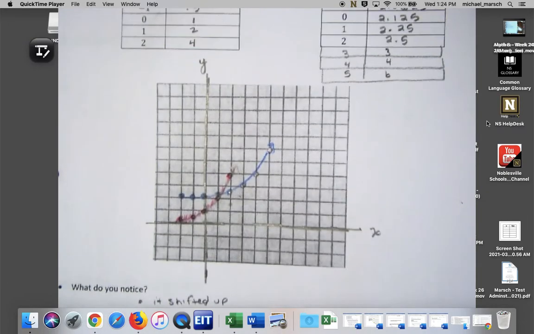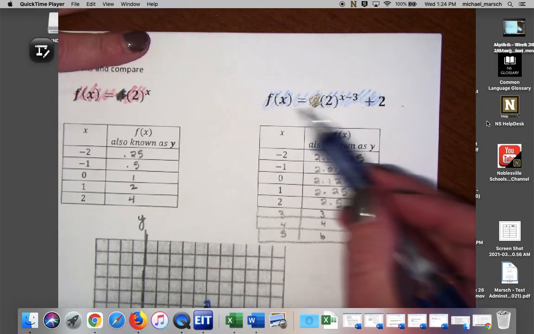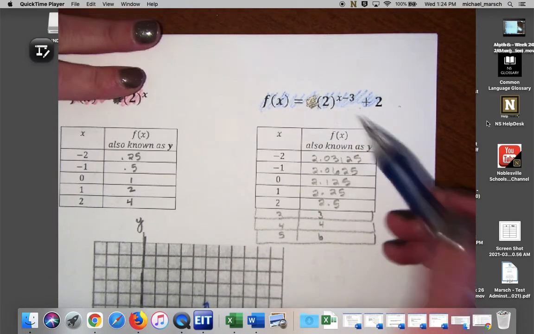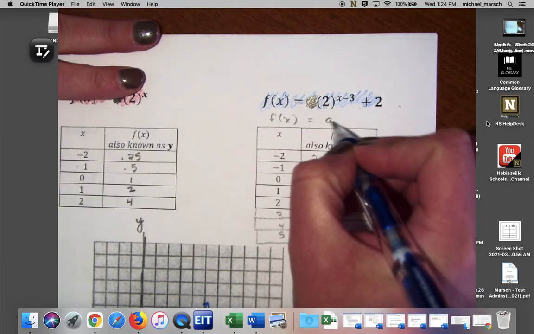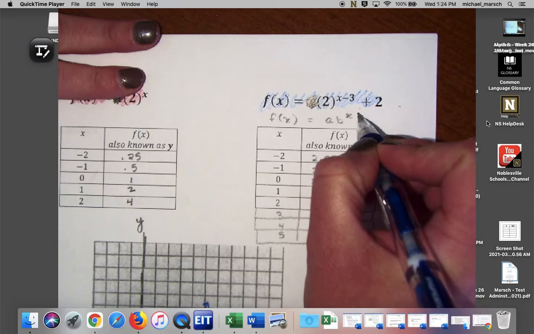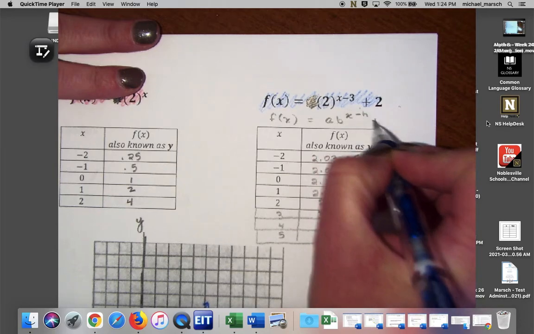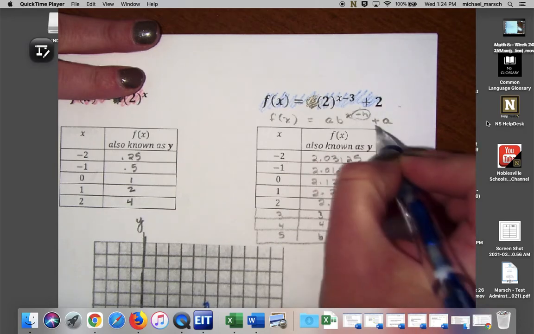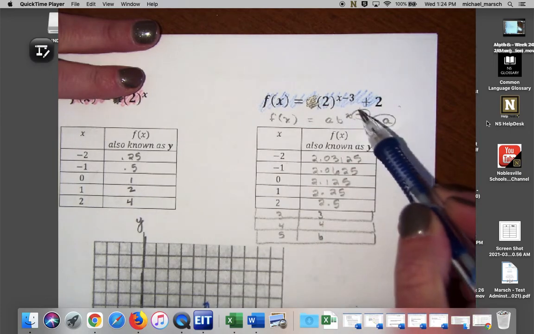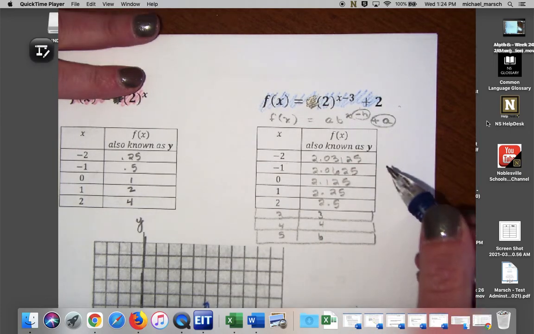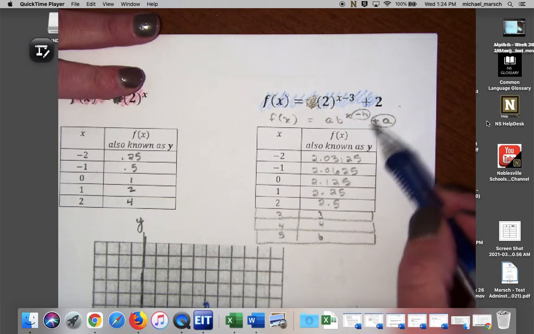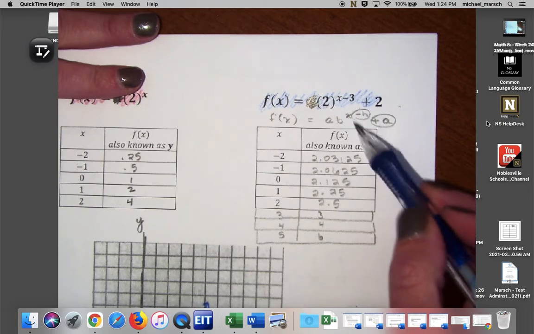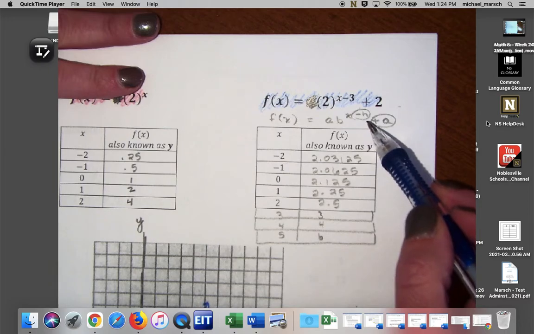Okay, so what I want you guys to look at is up here, this function. What we have here is f of x equals a b to the x minus h plus a. So we have these two new values. Just go with it. I don't know why they're h, I don't know why they're a. They just are. This h here tells you if you're going to shift to the left or the right.